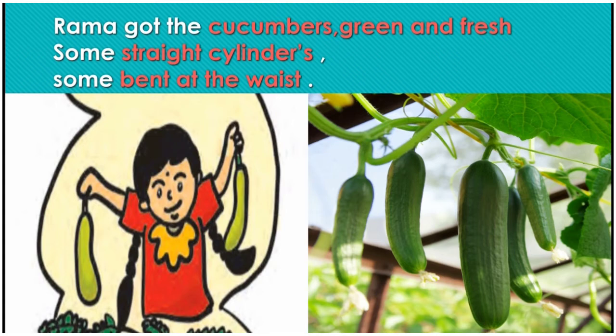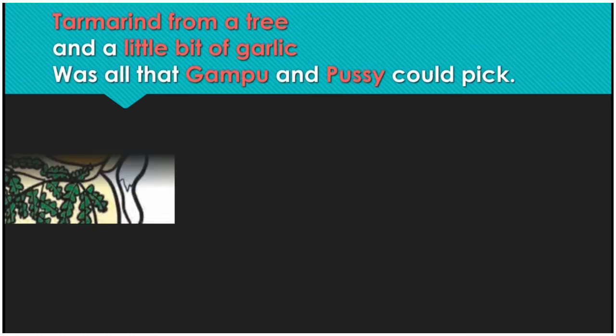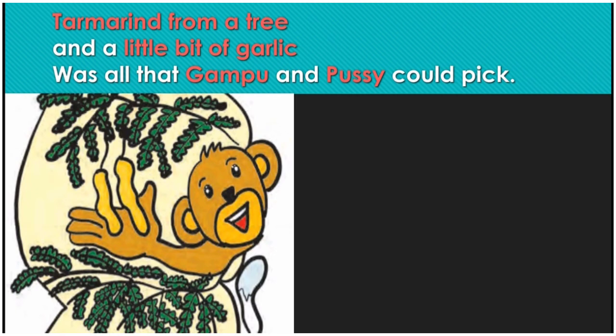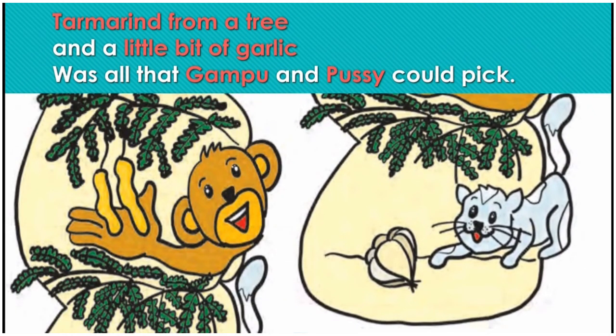So see next. Turmeric from a tree and a little bit of garlic. You can see, students, there are turmeric trees there, and garlic also. Was all that Gumpu and Pussy could pick. Gumpu is a monkey, and he is holding turmeric on a tree.